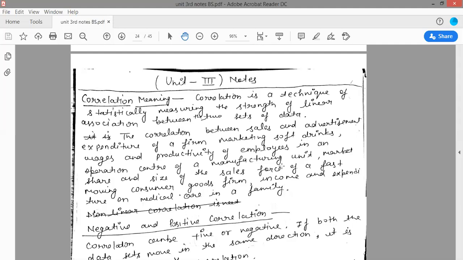The example is saying that if advertisement is good, our selling will be good, and if the productivity of employees is good, then the productivity of an operation center of a manufacturing unit is good. Also market share and size of the sales force of a fast moving consumer goods firm.